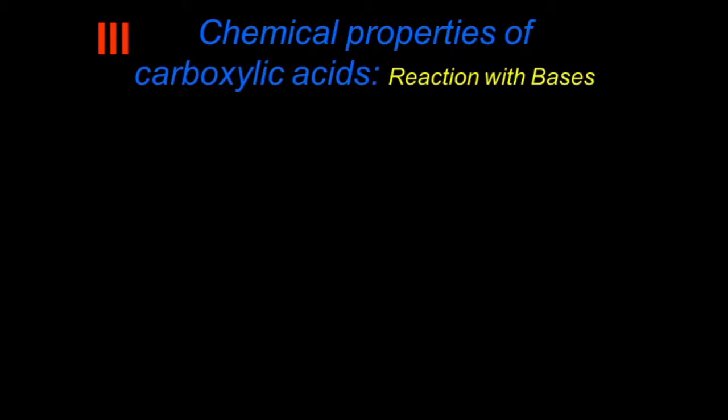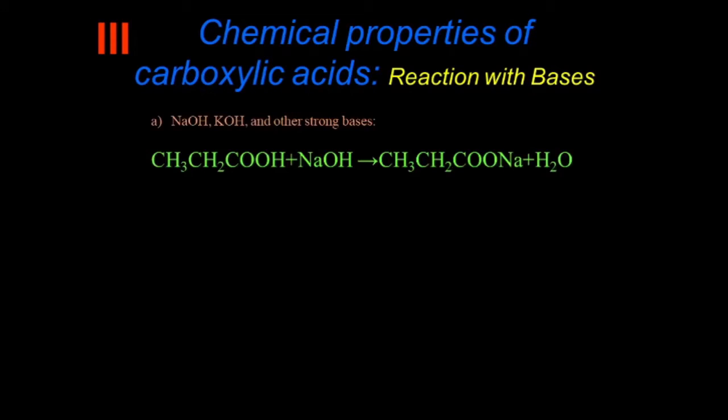All carboxylic acids, whether soluble or insoluble in water, react with bases, for example sodium hydroxide, potassium hydroxide, or other strong bases, to form water-soluble salts. This reaction presents the reaction between propanoic acid and sodium hydroxide, with formation of salt and water as products of neutralization, acid by hydroxide.